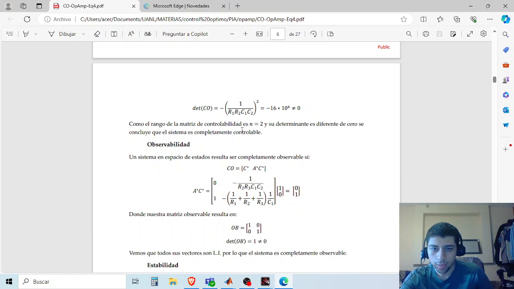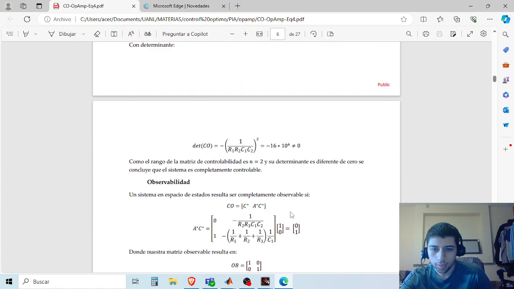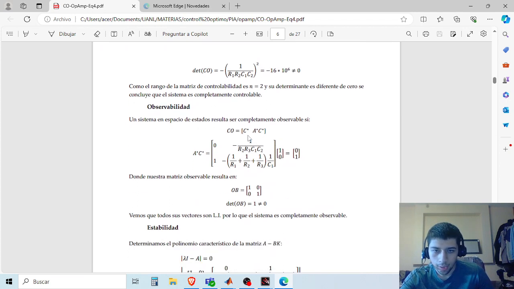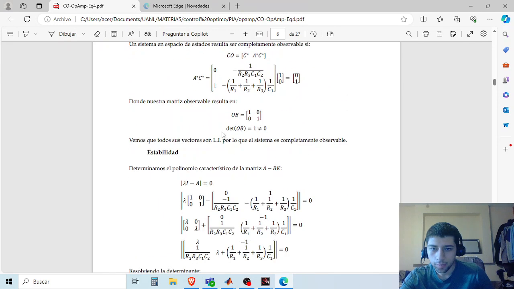So we take the determinant of this matrix to see the rank of it, and it does differ from 0. Okay, and for observability it is the same, but we take the conjugate of every value as is seen in this representation, and then we take the determinant to see the rank, and it turns out it is also different from 0.